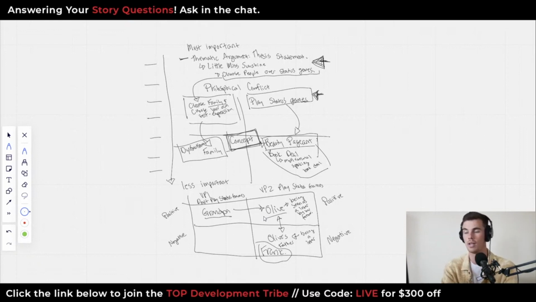Then on the other side, we have Grandpa, as well as Olive's mother, who I can't remember all of these character names, but she's also sitting over here, also not playing status games, but also wants Olive to be happy, right? So she is not playing a status game, but she's doing this beauty pageant because she wants Olive to be happy. And then we also have Dwayne, which I don't know, maybe he's not the con or the negative side. I'd have to think about that.